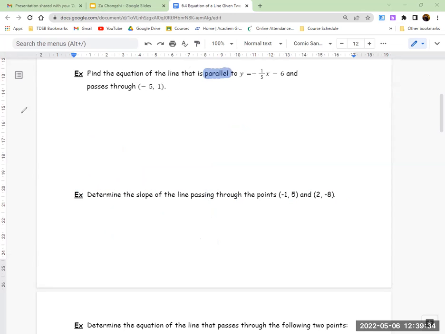If you remember my lesson before, parallel means we're going in the same direction and will never intersect each other, which means I have the same slope. So my slope is going to be the same as this line's slope. It's going to be -1/5, and it passes through a point here.